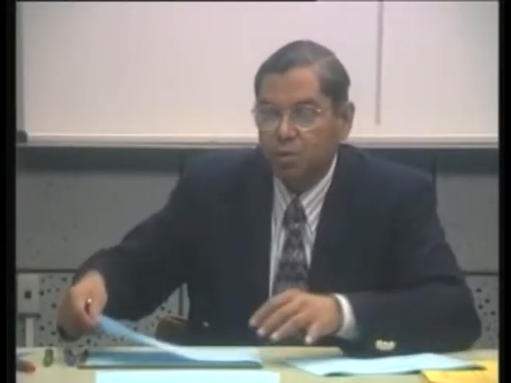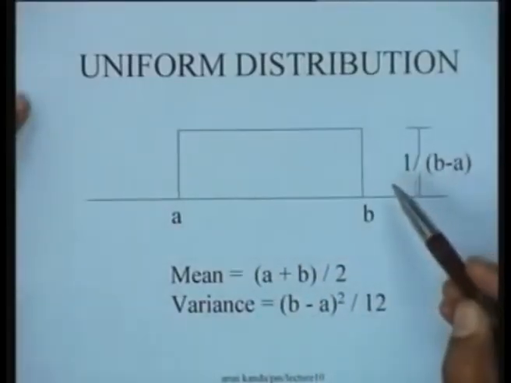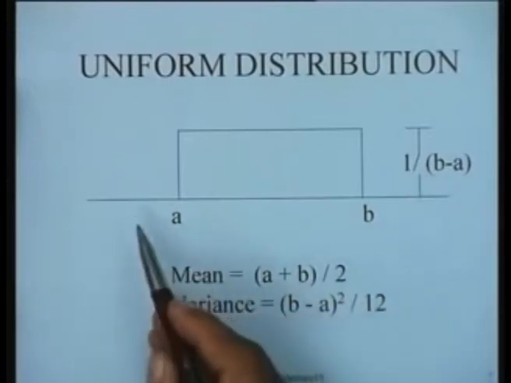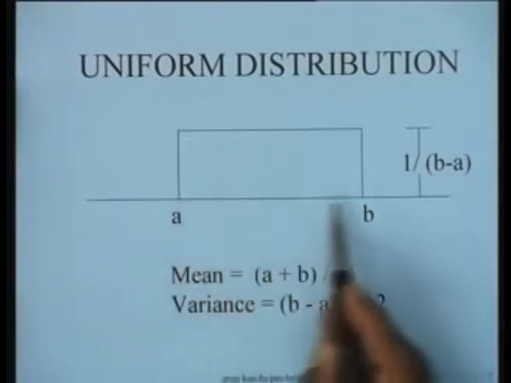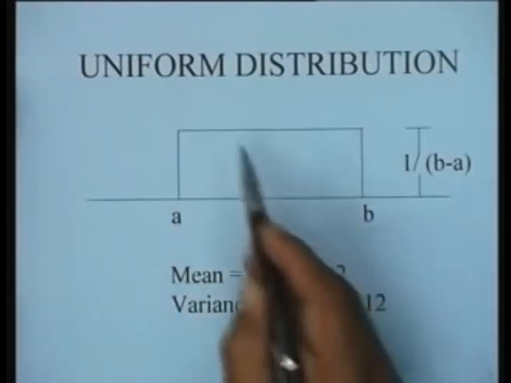In fact, if we use the uniform distribution, for instance, the typical results that we would require for carrying out a PERT analysis are: a uniform distribution would show that any time between two limits a and b is equally likely.